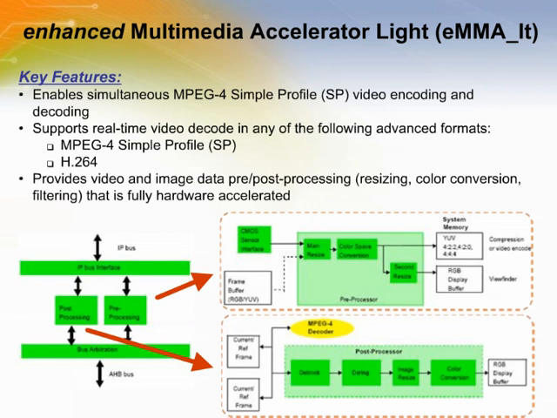Tight integration and memory pipelining coupled with AHB master bus mode operation ensure minimal system loading. To further offload the CPU, live video stream data enters the eMMA_IT module directly through an internal private data interface.